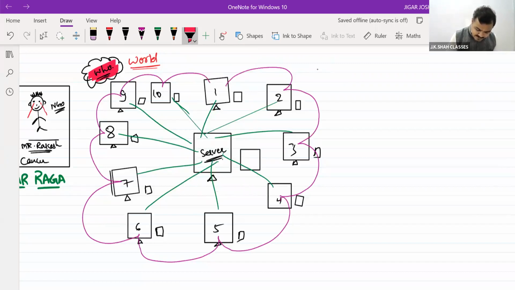See this. Whenever this worldwide data comes, this data will first come to the server. The server will assign this data, suppose, to PC2, because right now PC2 is free. So we ask PC2 to process this data. Done.